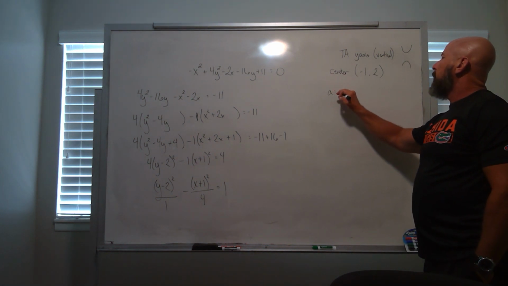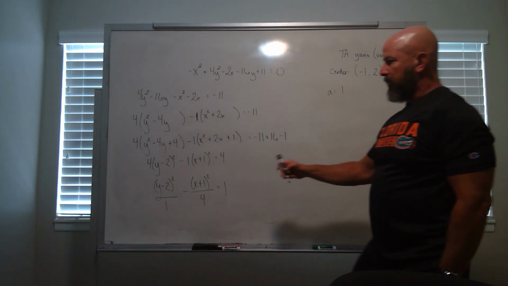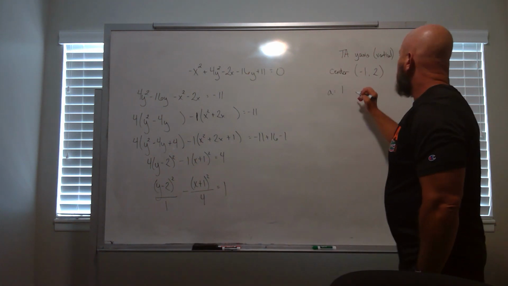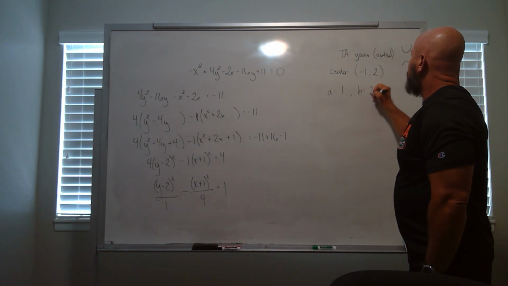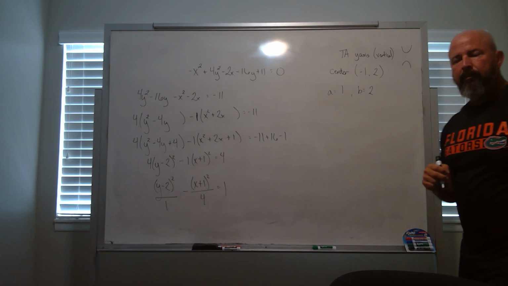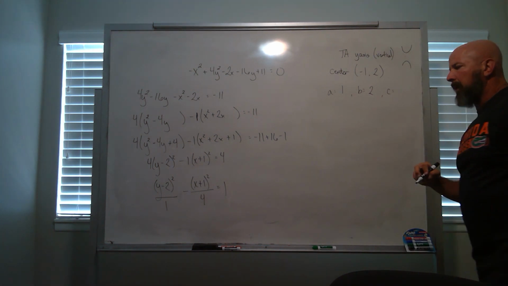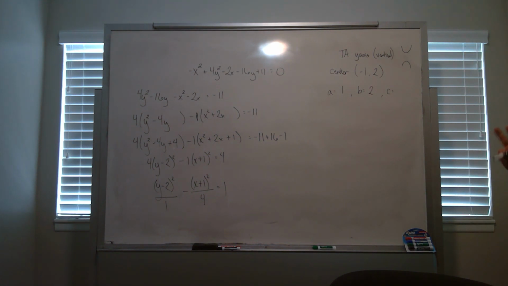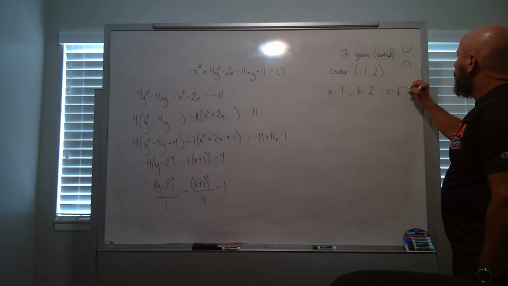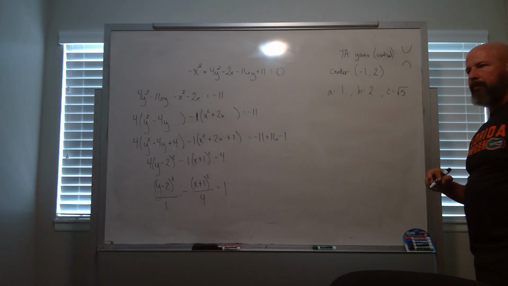A would be 1. Square root of 1 is 1. B would be 2. Square root of 4 is 2. C would be 4 plus 1 is 5. We add those bottoms, so that would be the square root of 5.